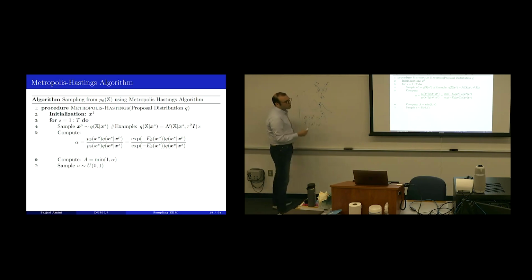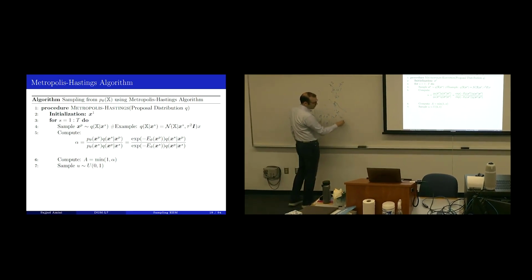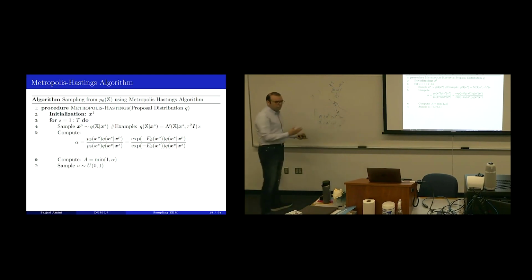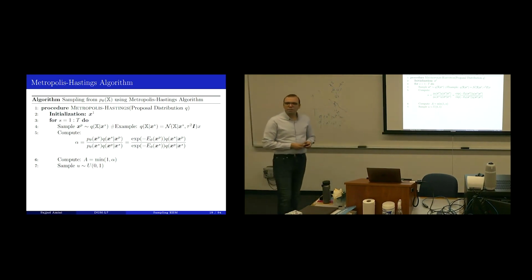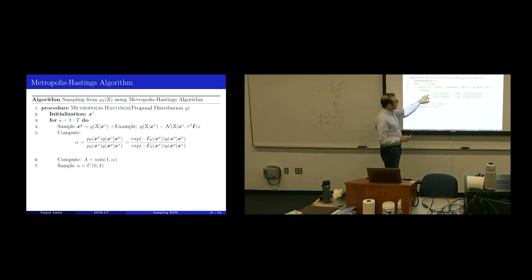In some distributions, such as Gaussian distributions, they are equal. But you may select some other distributions which are not equal. The concept of alpha will be defined next, okay? Then you compute the minimum of 1 and this alpha value, and then you sample from U.